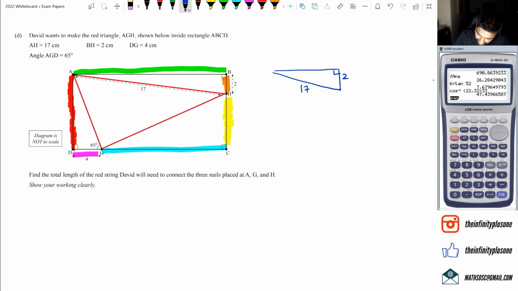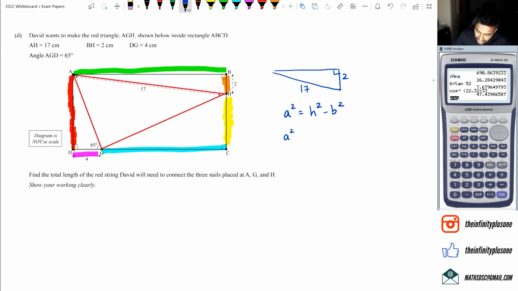So we can say a squared is equal to c squared or h squared, whichever one you prefer using. It doesn't really matter. Yeah, it's been a while. I used to use h squared, but then I changed it to c squared. Doesn't matter, guys, as long as you know what you're doing. To figure out the short side, you take the long hypotenuse minus the short side, then you're pretty much good to go.